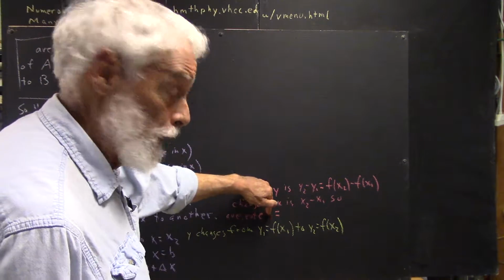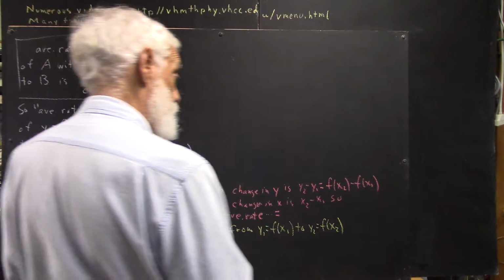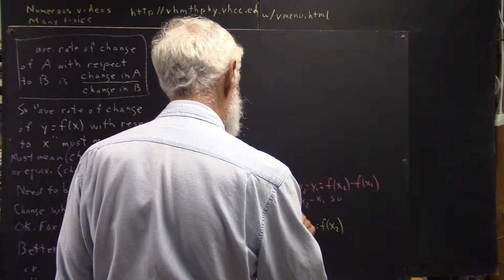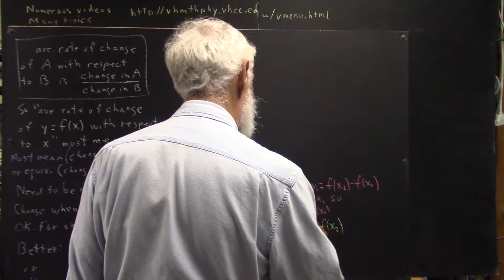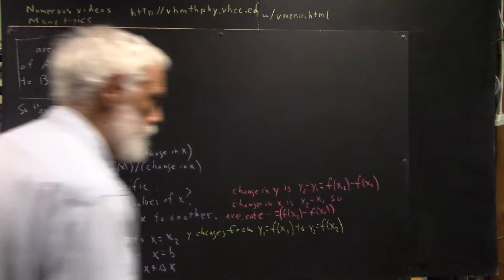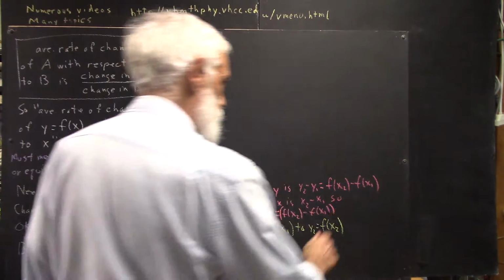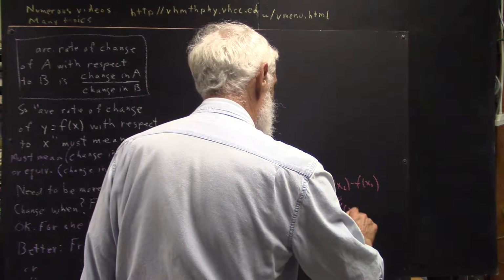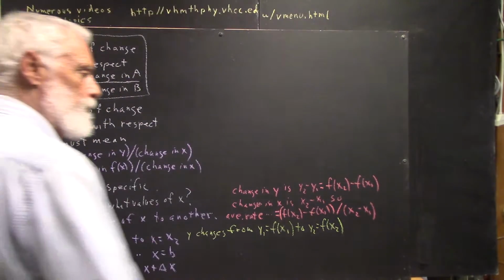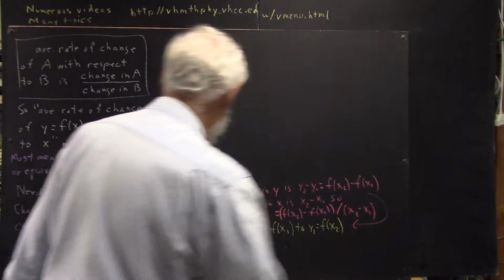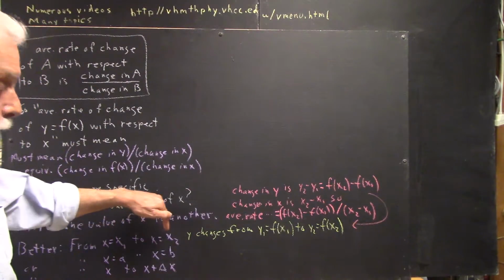You don't want to forget that, though. Is what? It's f of x2 minus f of x1, and I've got to put parentheses around that because I'm going to write this out in kind of linear fashion, over x2 minus x1. That's for the situation when you're going from x1 to x2.